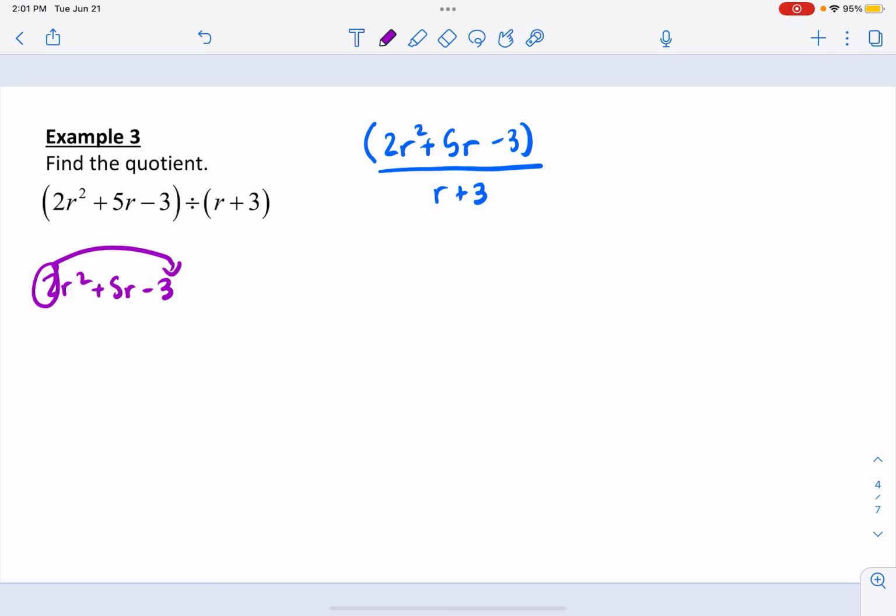Take the 2, multiply it to the 3. And then I factor that. Now you've affected this last 3. You've affected the 6, which affects both of those numbers.